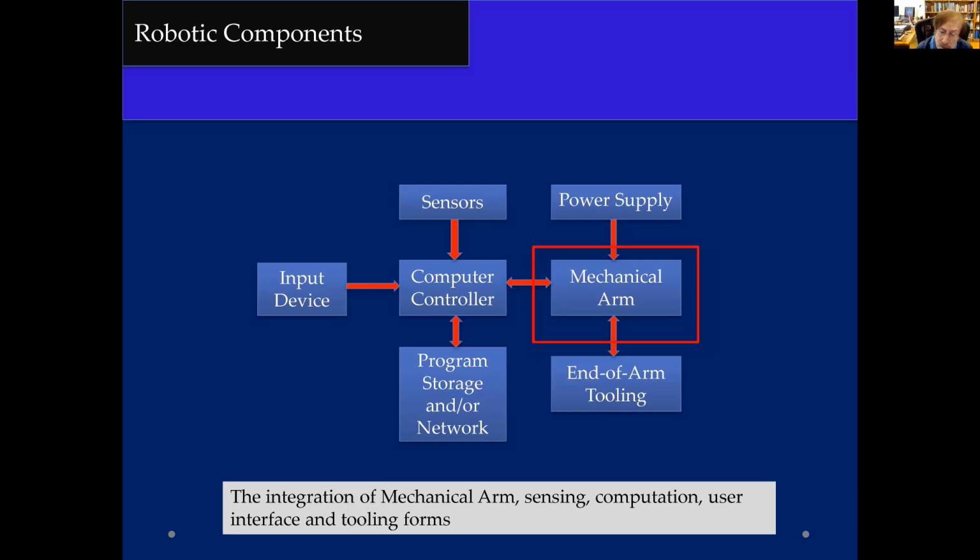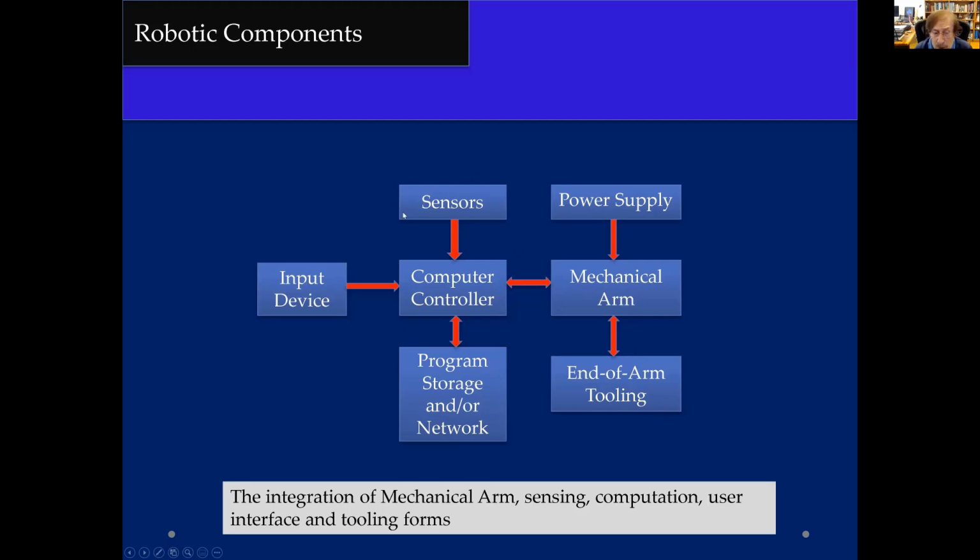So we must also include this mechanical arm or other mechanical parts, depending upon the functionality of the robot. Of course, when we talk about the arm, we talk about a hand-like structure as well. So we will need the end of arm tooling to be connected to the end of the mechanical arm.